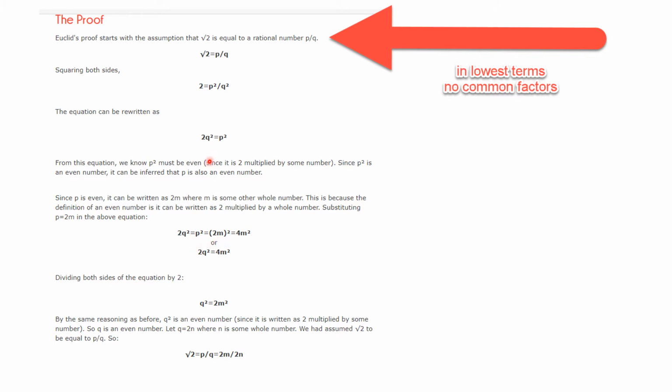So we're going to take this equation right here, and substitute 2m instead of P, and we'll get 4m squared.